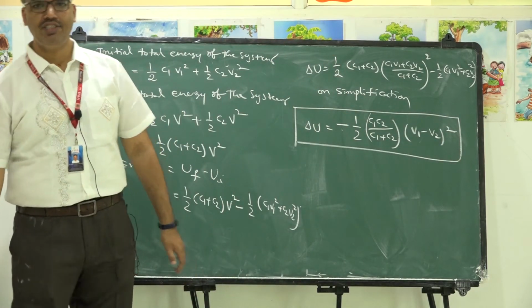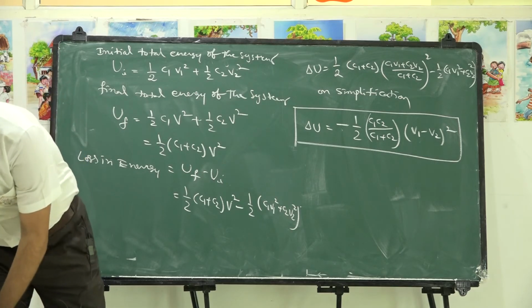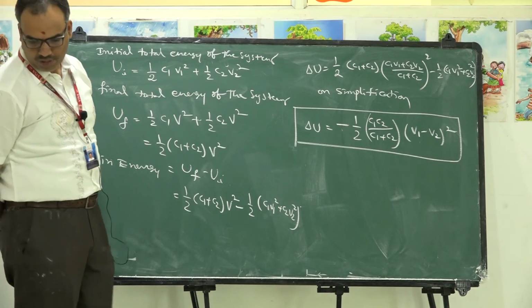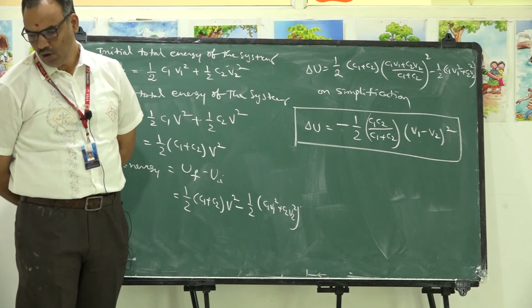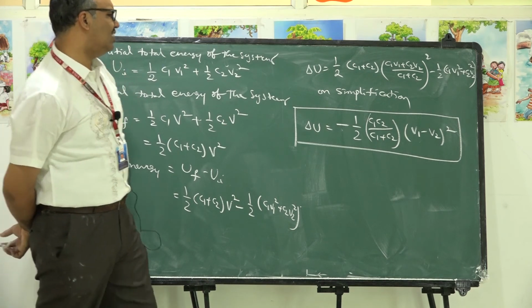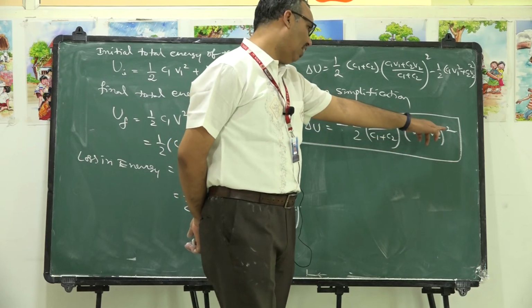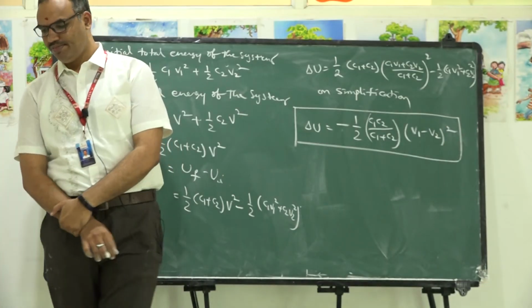So the loss in energy is calculated with the formula half into C1 C2 by C1 plus C2 into V1 minus V2 whole square. Clearly C1 is positive, C2 is positive, and V1 minus V2, as it is having a square, is positive. So this minus indicates loss in energy.